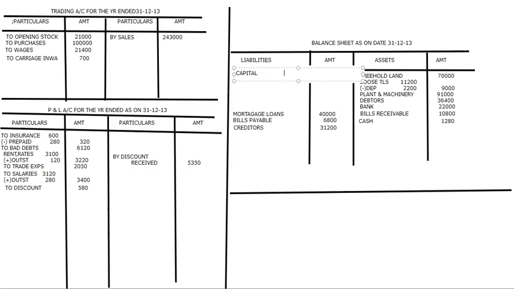So capital he has given us 75,000. Now all the postings we have done. So if you complete these postings also, you will be having good marks only. So these postings are important.